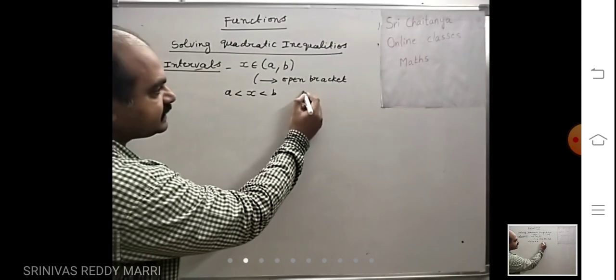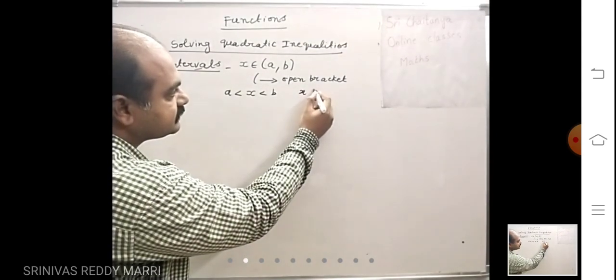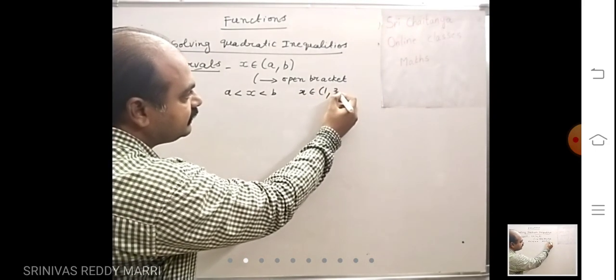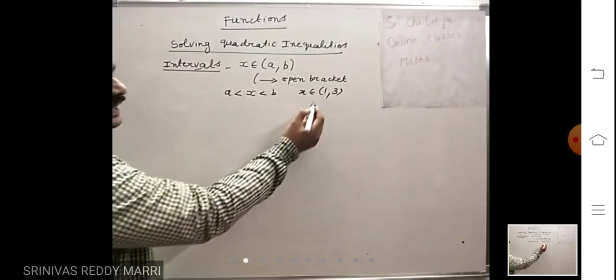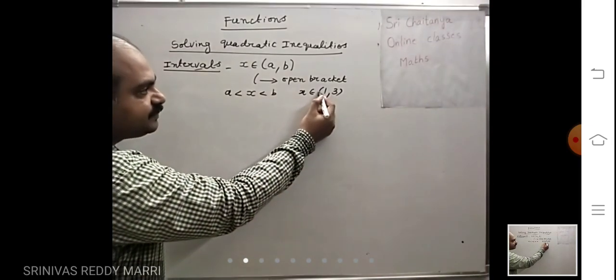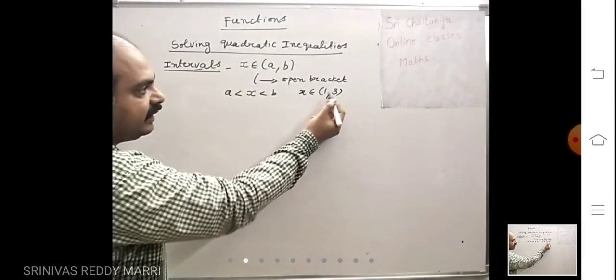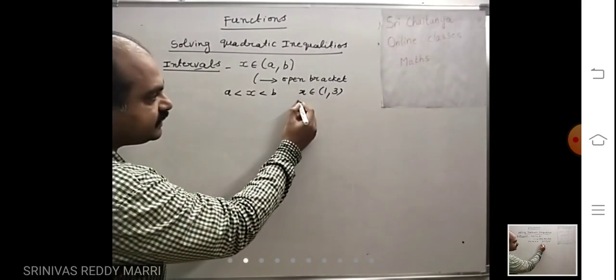So suppose, let us say, X belongs to (1, 3). In this interval 1 will not be there. In this bracket, 1 means X will not take the value of 1, and X will not take the value of 3.